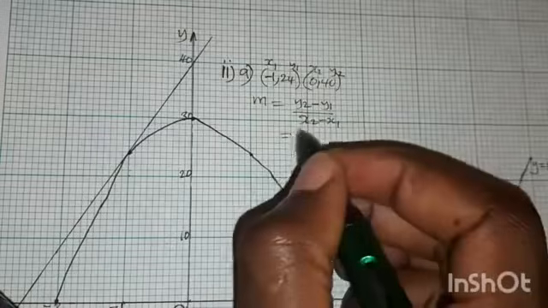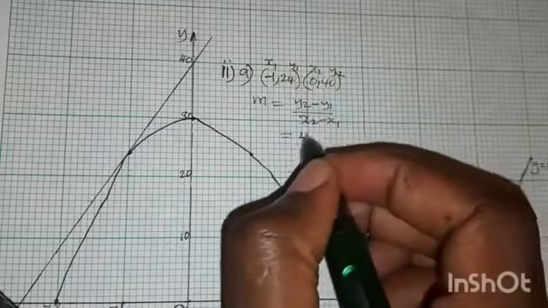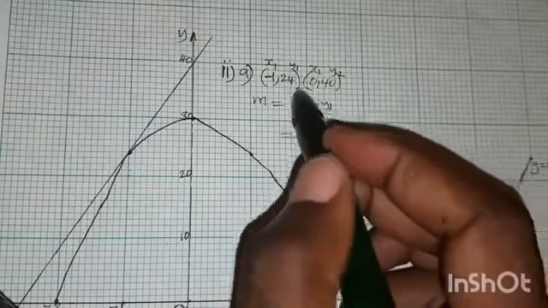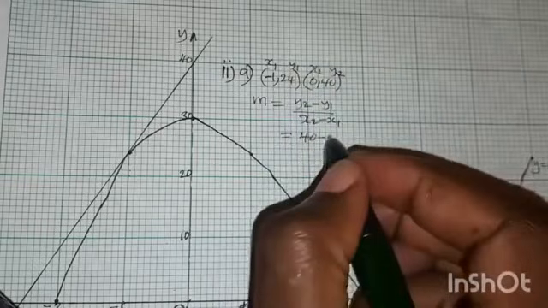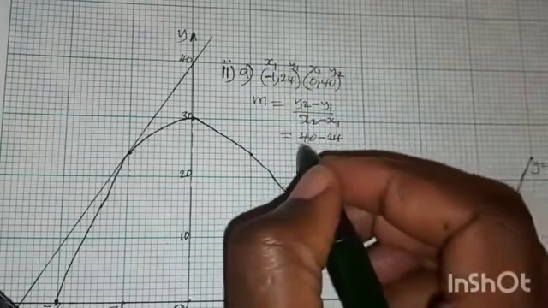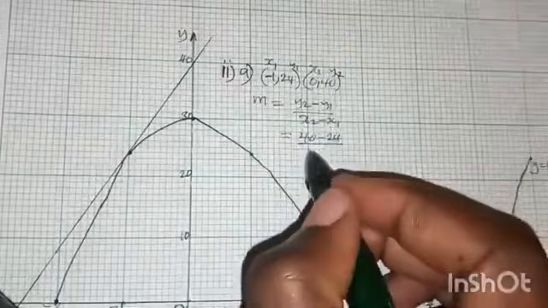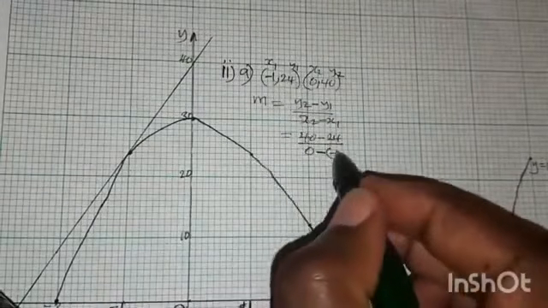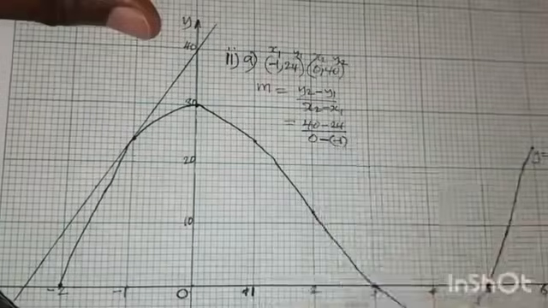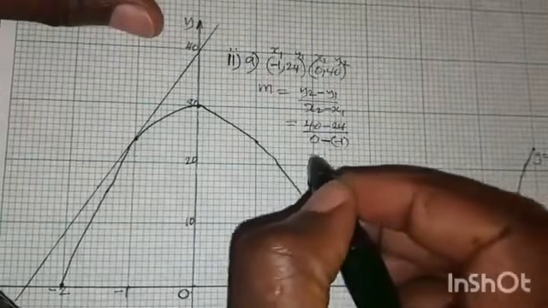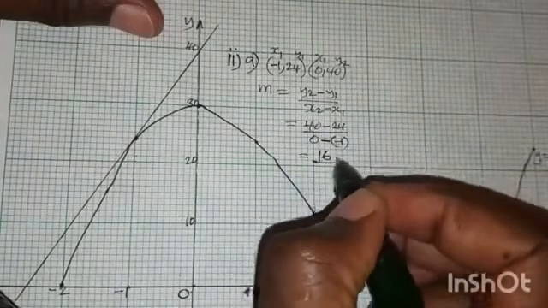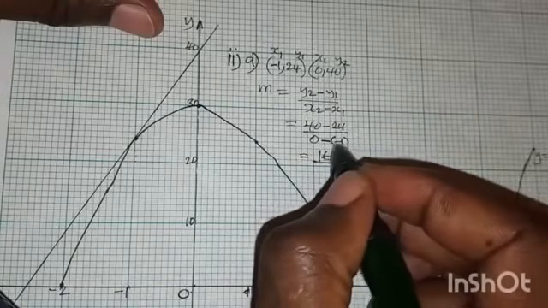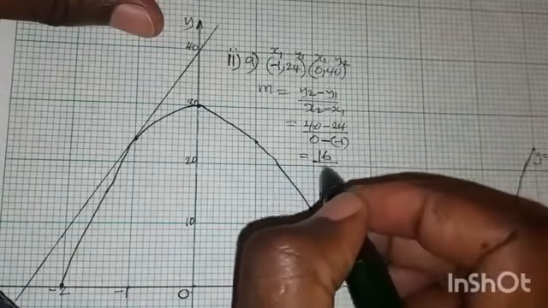So we can replace in here. We're going to have y2 is 40 minus y1 is 24 over x2 is 0 minus x1 is negative 1. So 40 minus 24 is 16 over 0 minus 1 is positive 1.